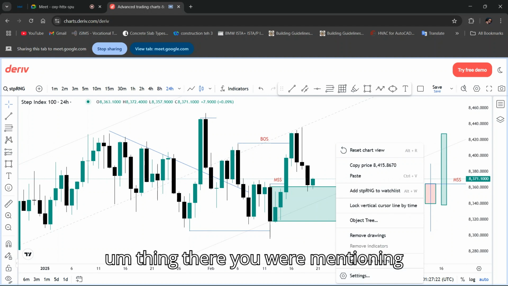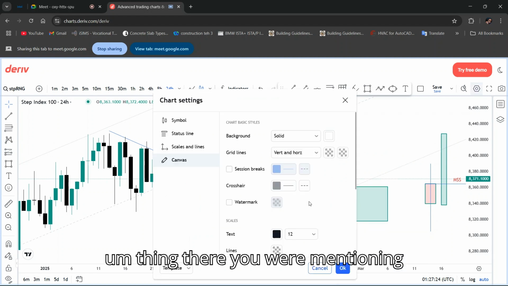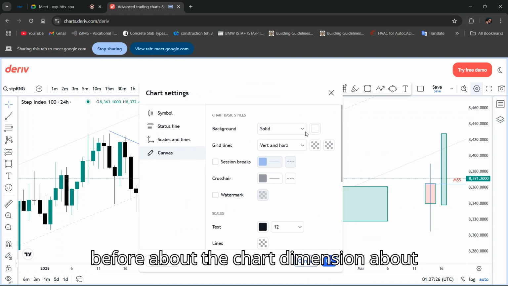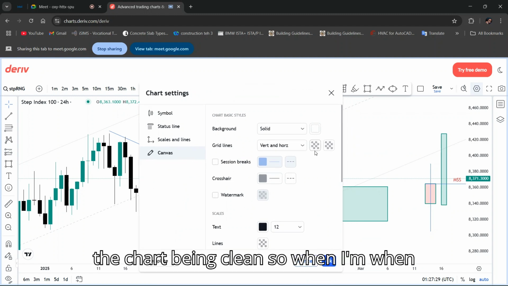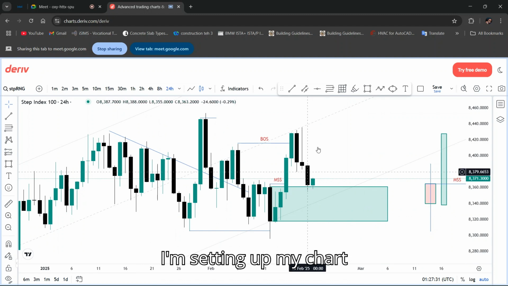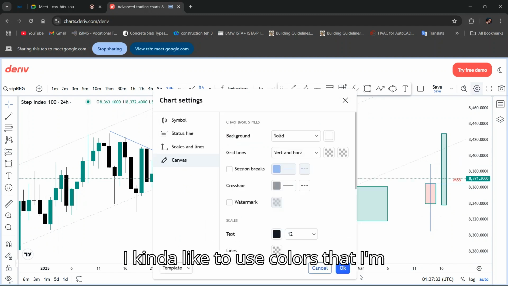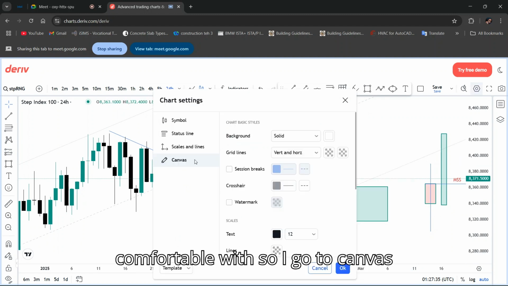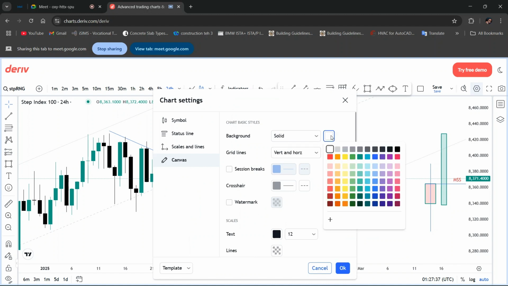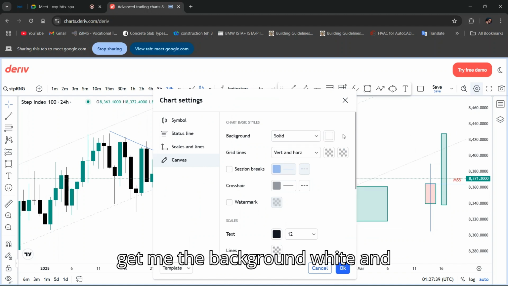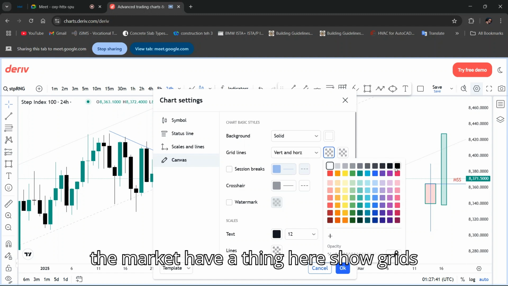You mentioned the chart being clean. When I'm setting up my chart, I like to use colors that I'm comfortable with. I go to canvas and make the background white. The platform has a setting to show grids.